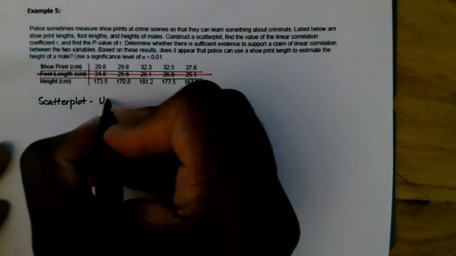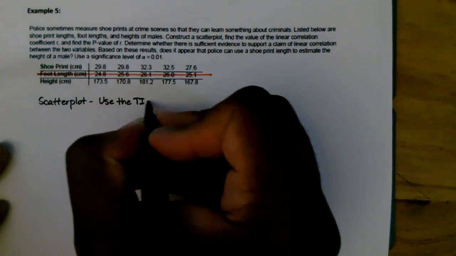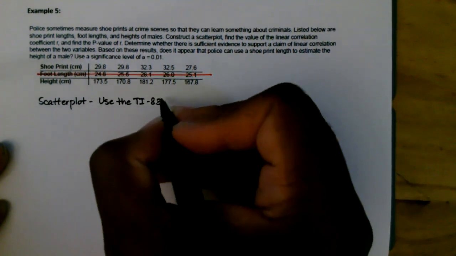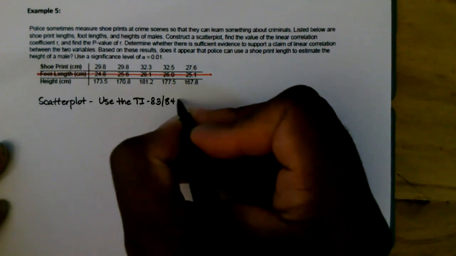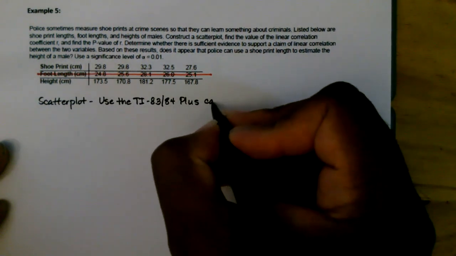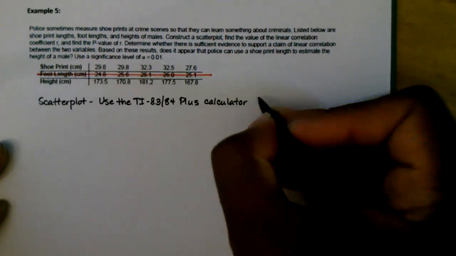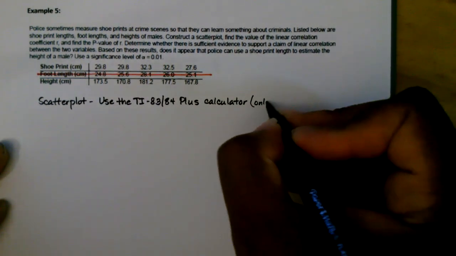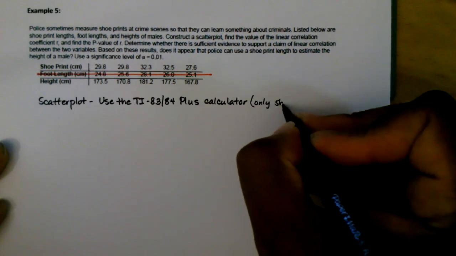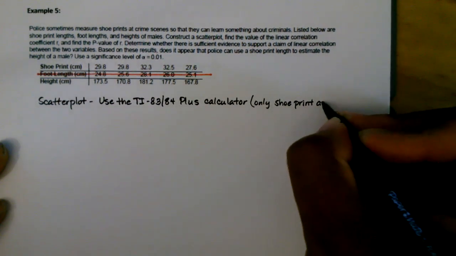Of course, we're going to use the TI-83/84 Plus calculator, depending upon which calculator you have. I'm using the 84 in this video. And we only are going to be concerned with the shoe print and height.